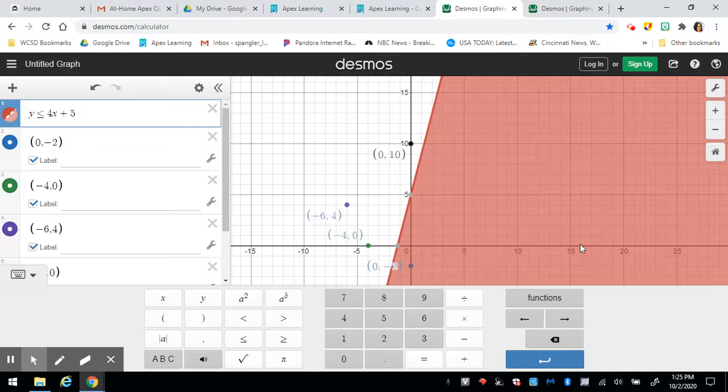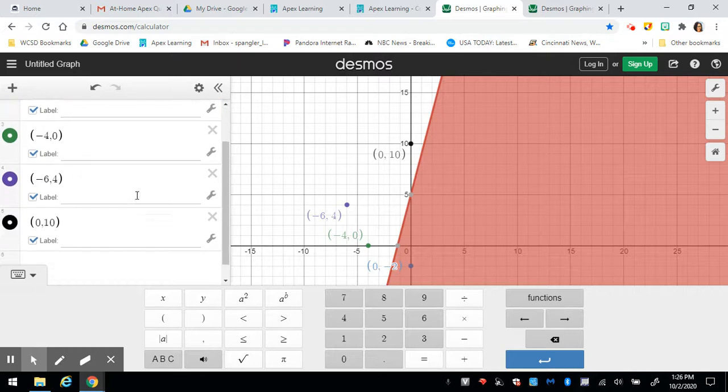So when you put that in Desmos, if you're not familiar, it's going to turn it pink. So for your linear inequalities, your answer is going to be the point that's inside the shaded area. So it gave you 4 choices for your multiple choice answers.